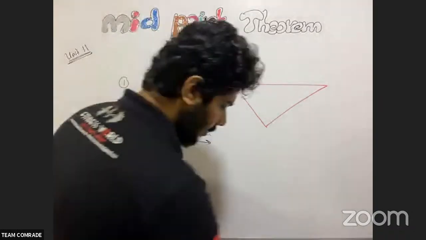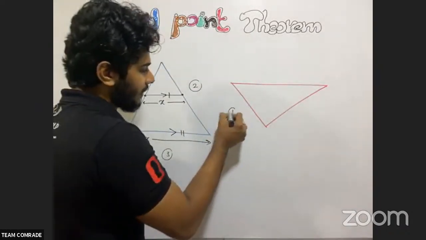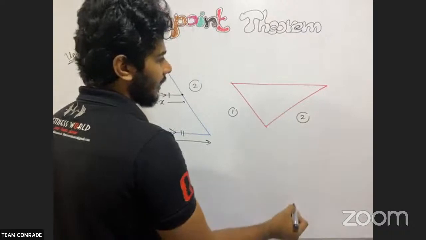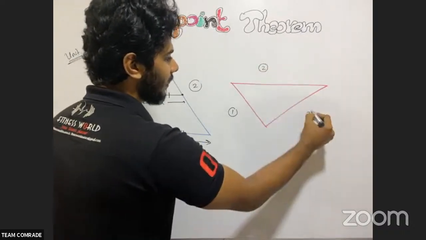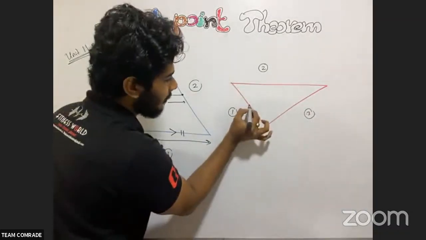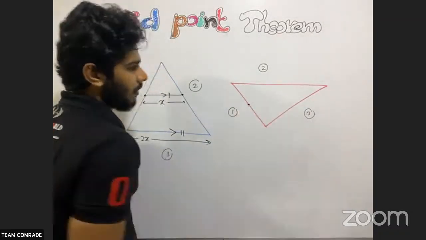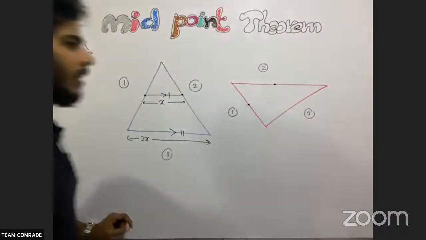The next one, I'll do the same thing. This is the first side, this is the second side, and this is the third side. For the first side, I will mark the midpoint here. For the second side, I will mark the midpoint here.